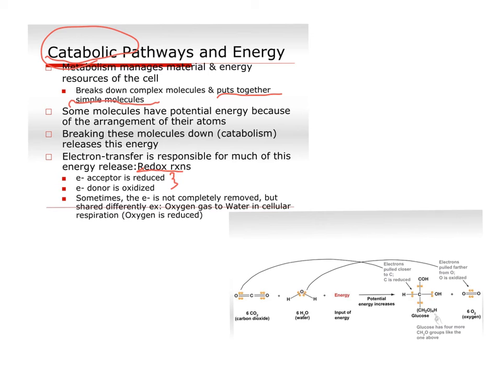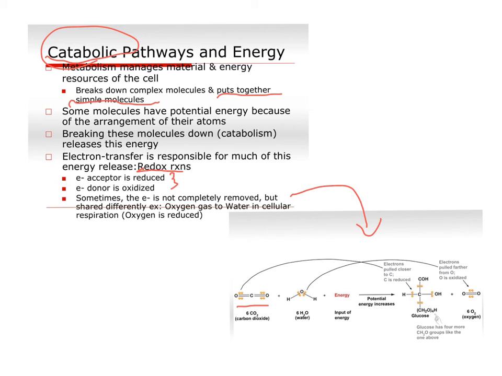But a lot of times where cellular respiration is concerned, if you take a look down here at this picture, it's not necessarily that you completely remove an electron. It's that an electron may move closer to one atom in a molecule than it was before. So if you look here in carbon dioxide, the electrons are closer to oxygen.